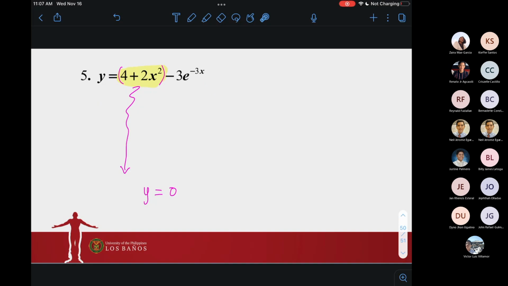So, ibig sabihin, 4 plus 2x squared will get a different differential operator. So, ano yung differential operator kung saan solution si 4 plus 2x squared? Of course, of the minimum order. Ano dapat yung differential operator dito para maging 0 yung sagot?